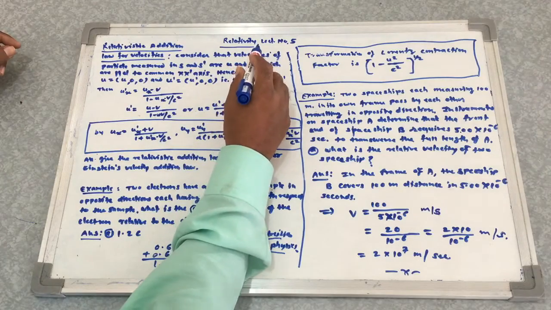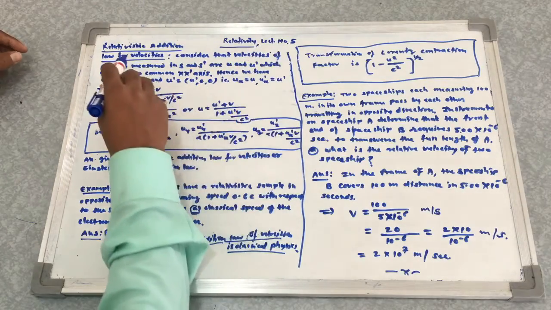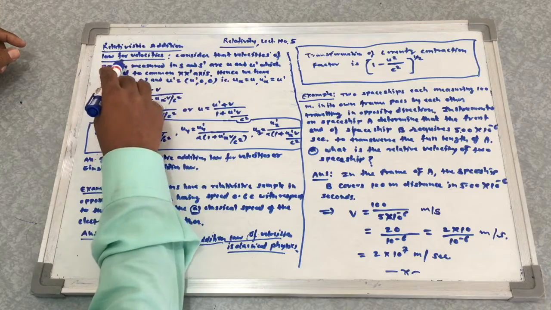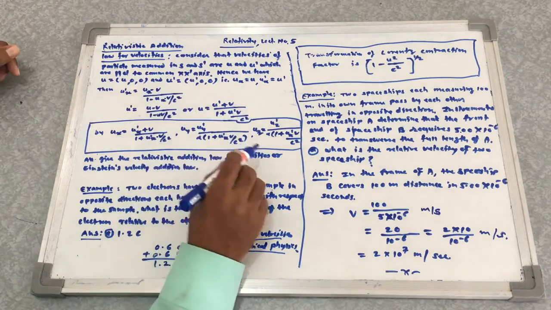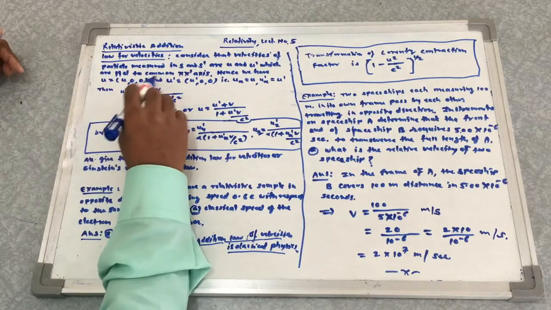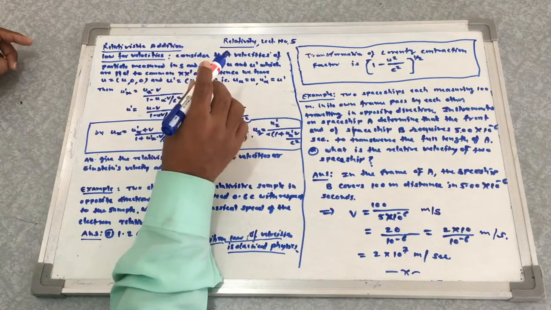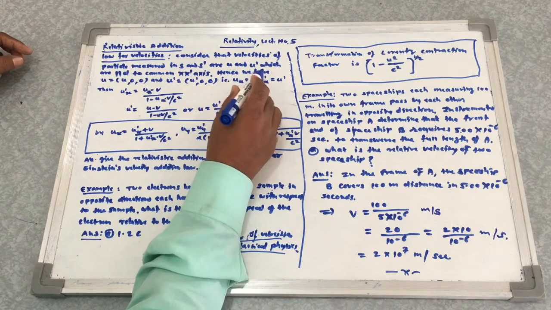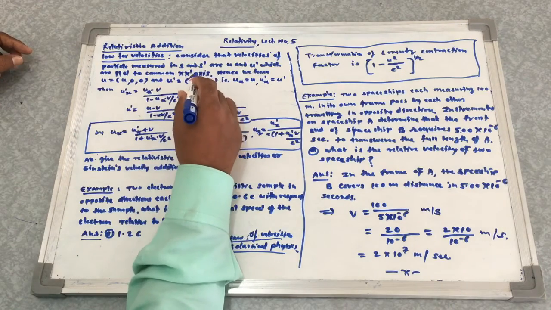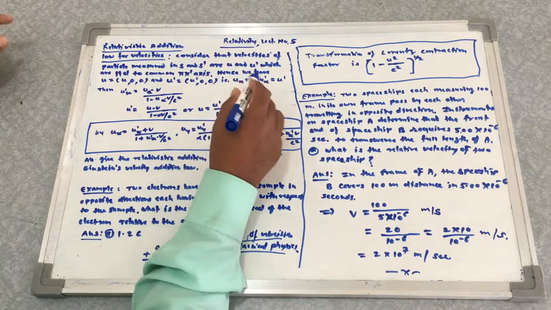Relativity, lecture number 5. Relativistic addition law for velocities. Now we have to consider the velocities of the particle measured in the systems S and S dash, U and U dash, which are parallel to the common x dash axis.